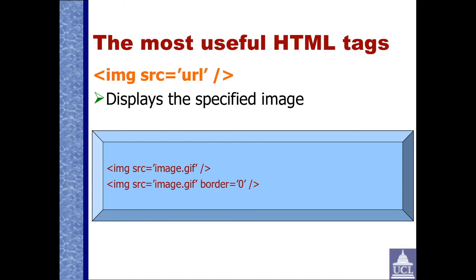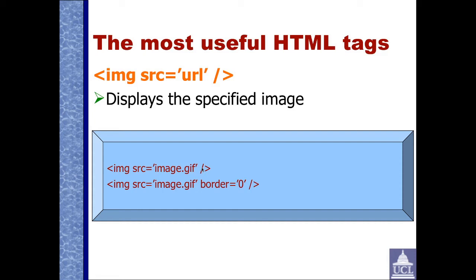The next tag, img, is used to specify an image, and here we're specifying this image called image.gif. So we specify the source of the image, and that's the file name, and this is one of these self-closing tags because we don't have any body to the tag, so there's no closing tag.